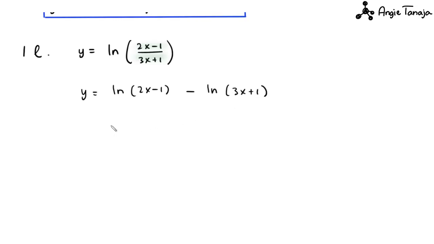Chain rule. Ya, somehow chain rule juga sih. Terus? 1 per 2x kurang 1 dikali 2 dikurang 1 per 3x tambah 1 kali 3. Nah ini salah berapa besar? Benar. Bukan.